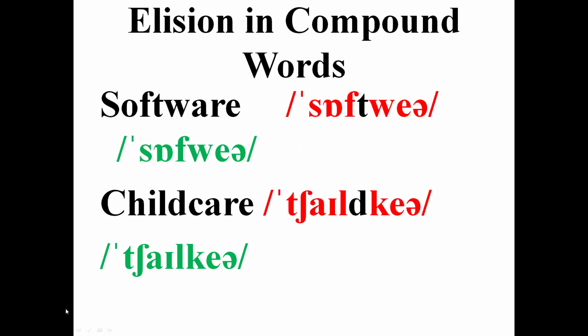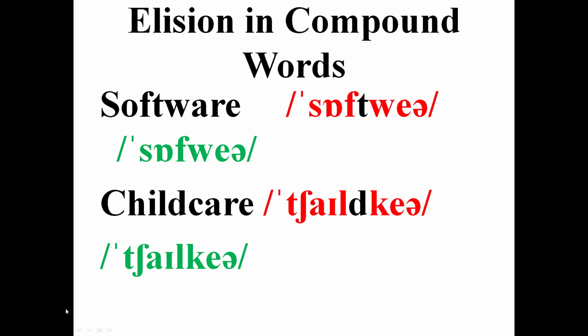When you write it or speak slowly, it will be "software". But when you speak fluently with speed, it will be "sofware". The t sound will disappear, will be dropped.